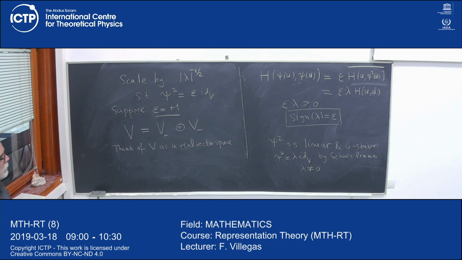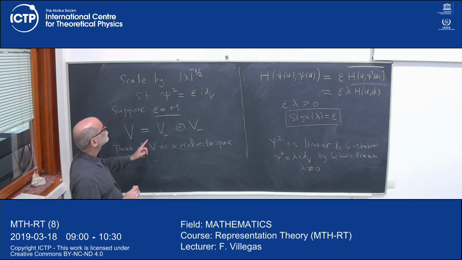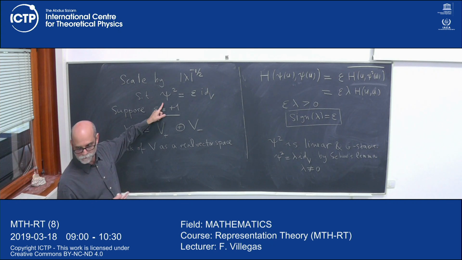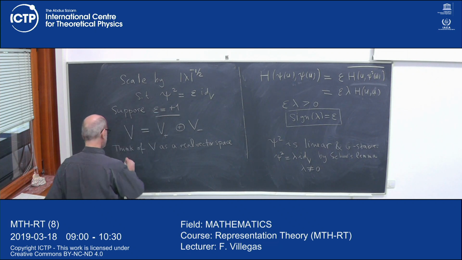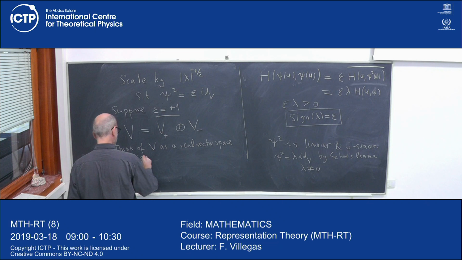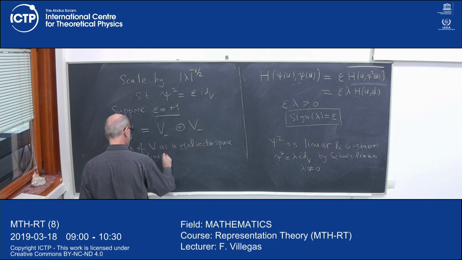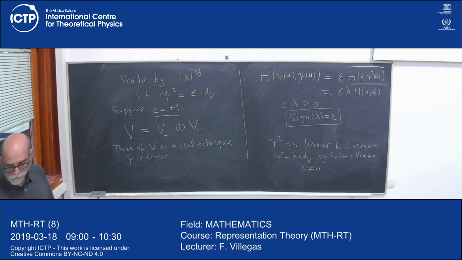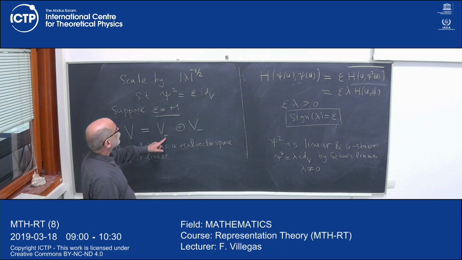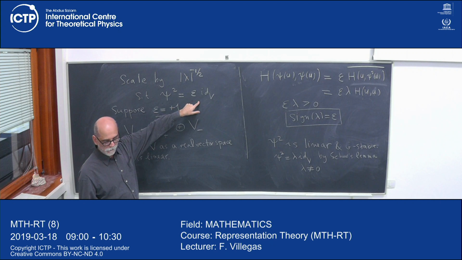Okay? So as a real vector space, psi is linear, because real scalars come out just the same, only if it's a complex scalar, then it comes out conjugate. All right. So it's a linear map over R whose square is the identity.